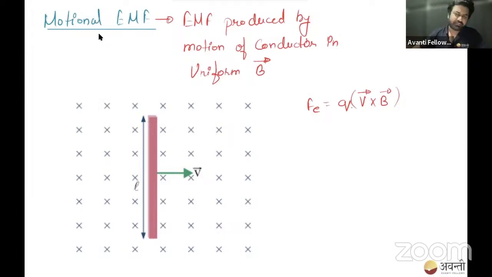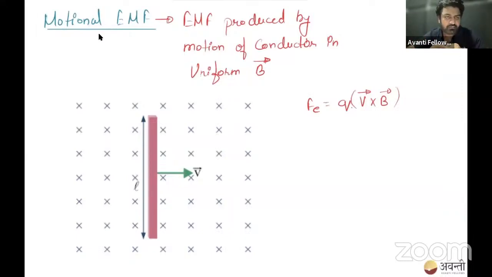So motional EMF, bachcho, is an EMF which is produced whenever the conductor cuts the magnetic field lines. We have studied flux. What is flux? Flux is the magnetic field lines crossing an area.